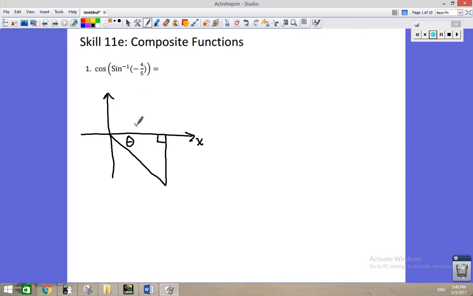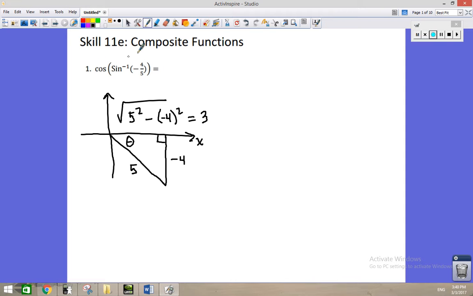So let's call this negative 4, 5, and by the Pythagorean theorem, this is the square root of 5 squared minus negative 4 squared, which is 3.